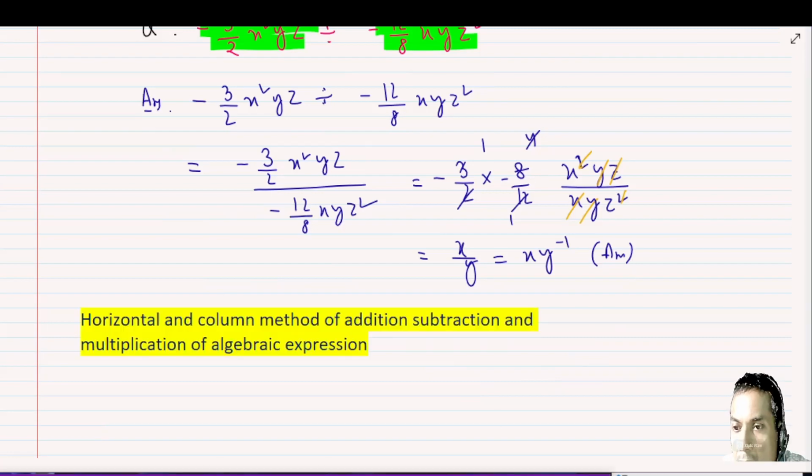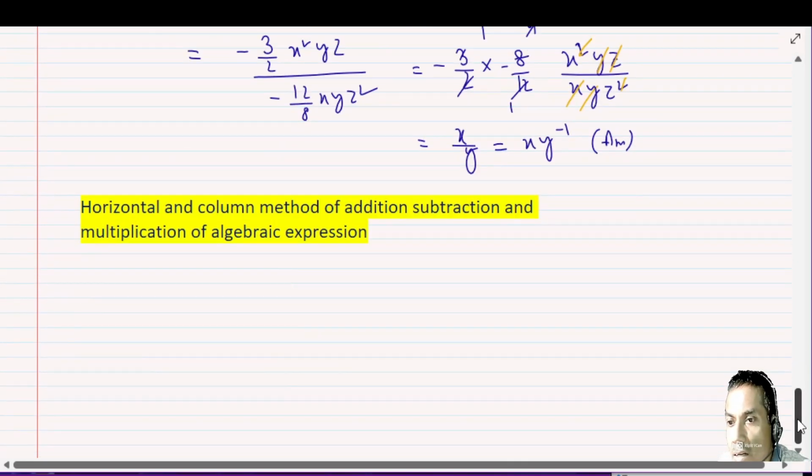Now we learn the horizontal and column method of the addition, subtraction, and multiplication of long algebraic expressions. When the problem is a little bit complex or lengthy, then you can apply this method to simplify and get the result quickly. Let me give you one example. First we take addition.